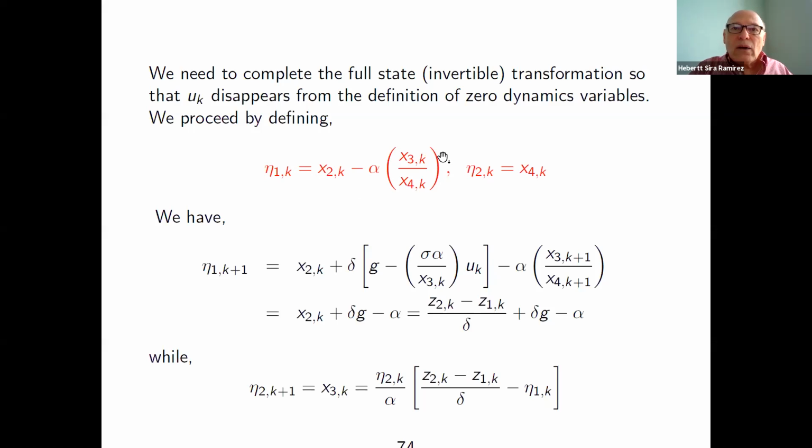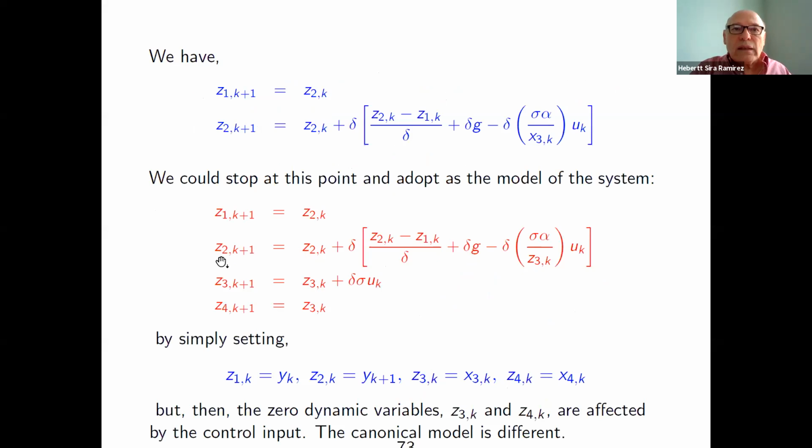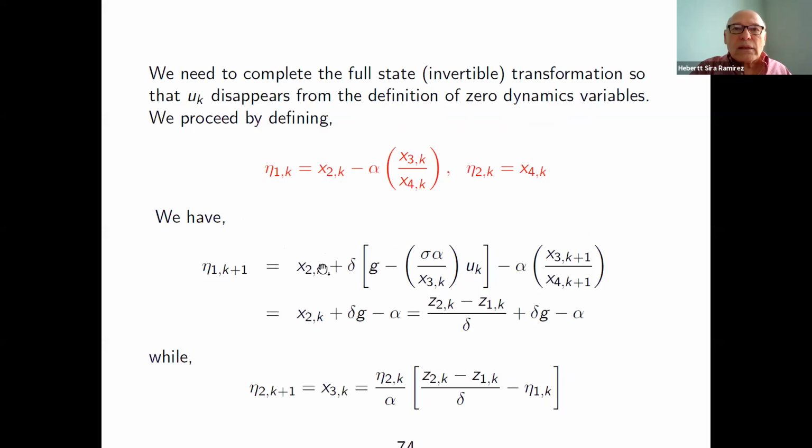Eta 2 is now of such nature that its next advance does not depend on the control, because we have managed to create a combination of x2 and x3 through x4, so that the next advance of eta 1 is independent of u, and that can be seen here. If you compute eta 1 at the next instant of time, you propagate x2, and that contains still x2, as you can see, x2 contains x2.